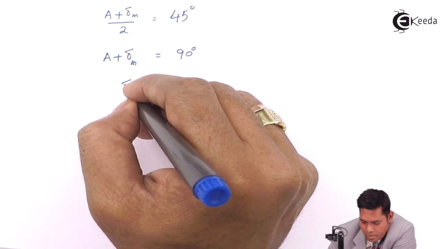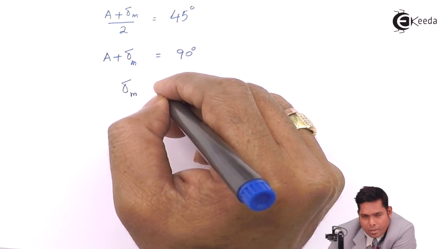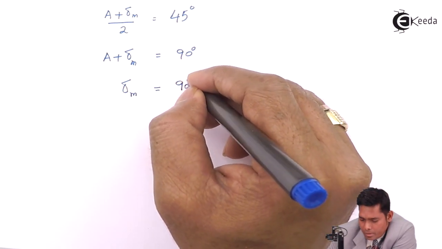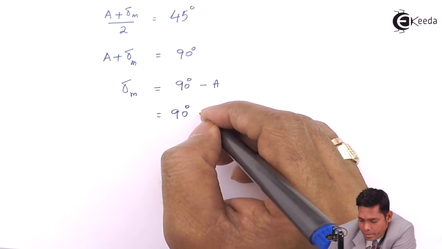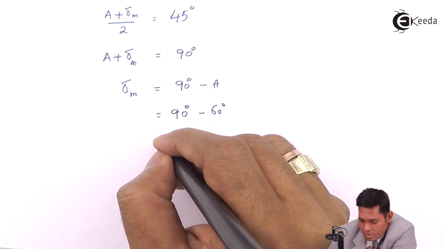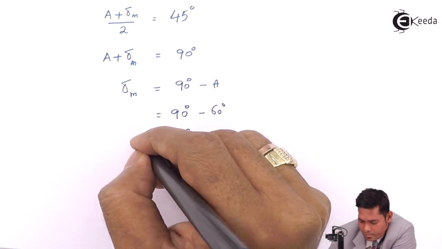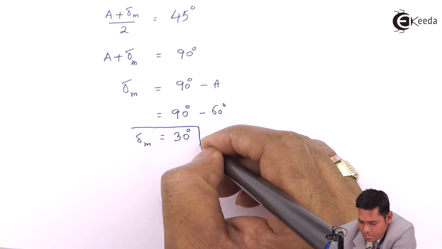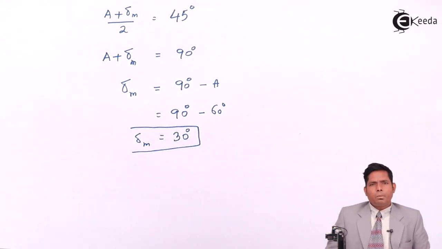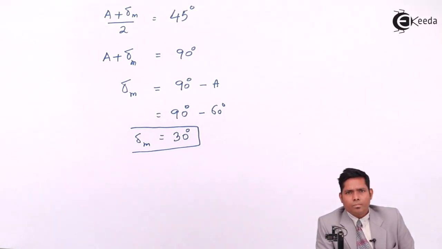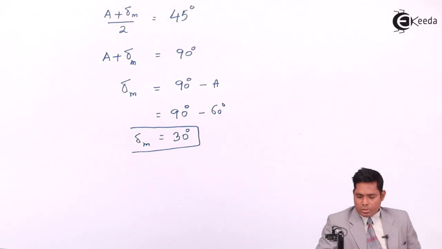Now delta m, the angle of minimum deviation, comes out to be 90 degrees minus a. 90 degrees minus 60 degrees comes out to be 30 degrees. This means that the angle of minimum deviation for this prism is 30 degrees.